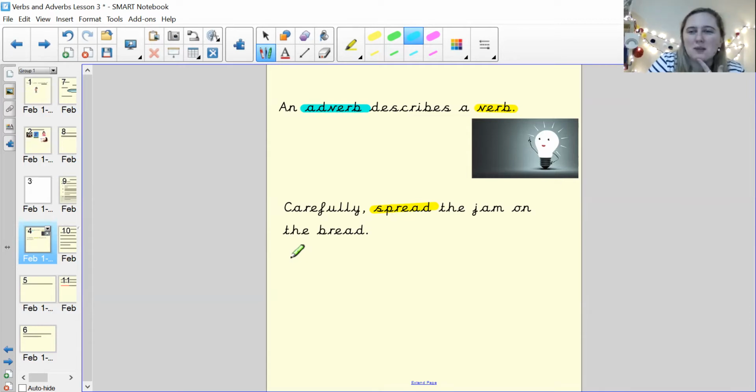Which word describes how to spread the jam? Good. Carefully spread the jam on the bread. Carefully is the adverb because it's telling you how to spread the jam. Carefully. Good.